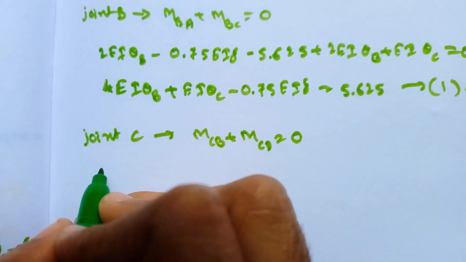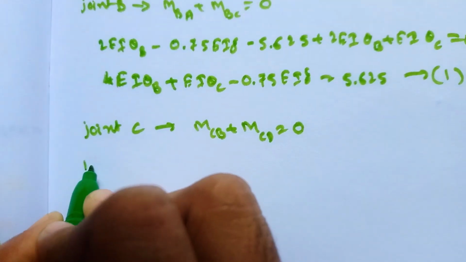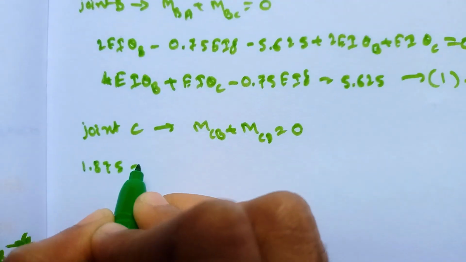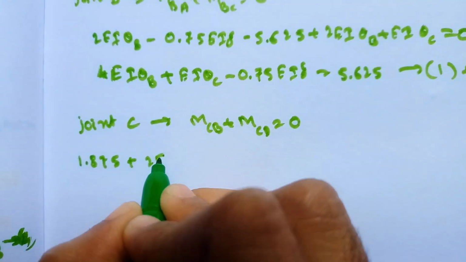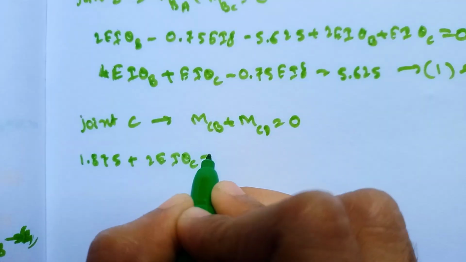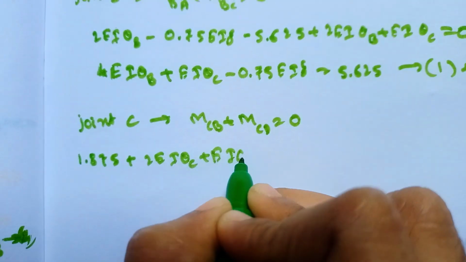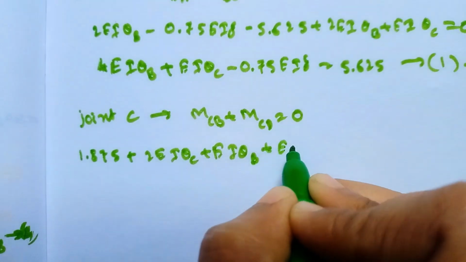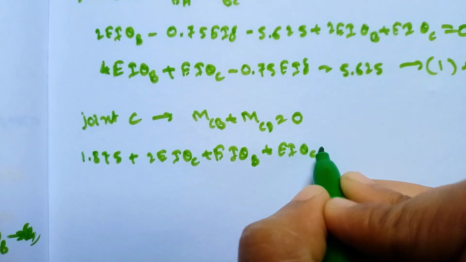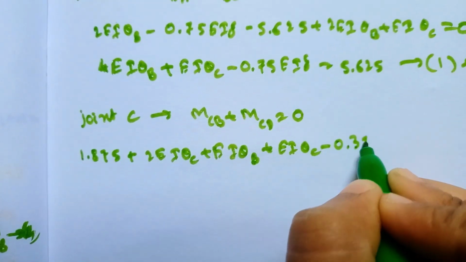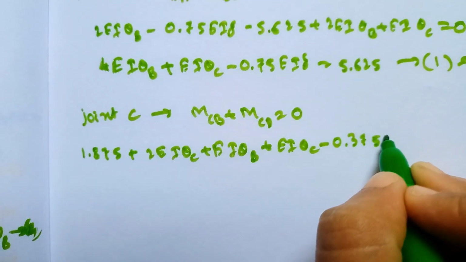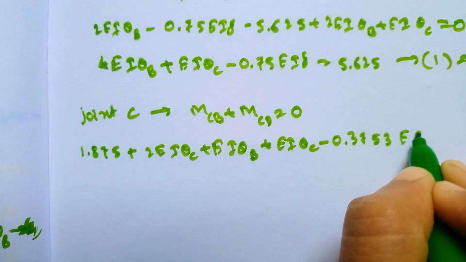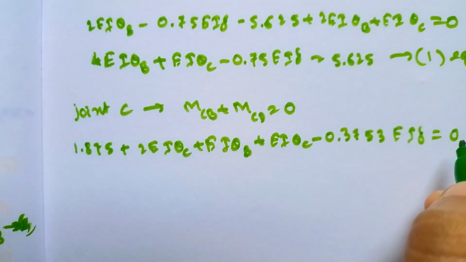So put these two values: 1.875 plus 2 EI theta C plus EI theta B plus EI theta C minus 0.375 EI delta is equal to 0.